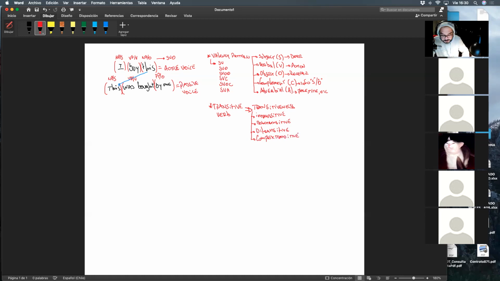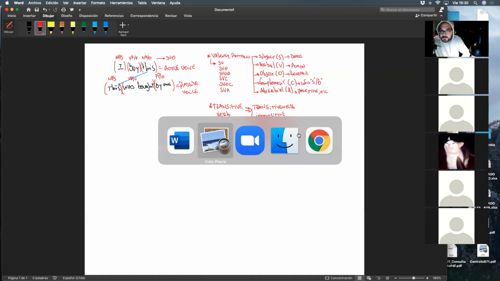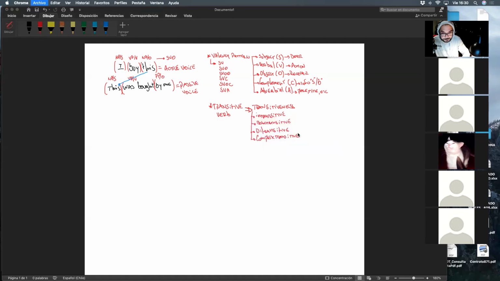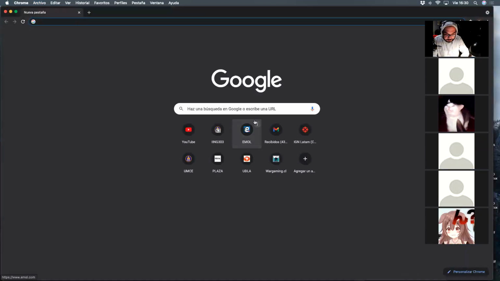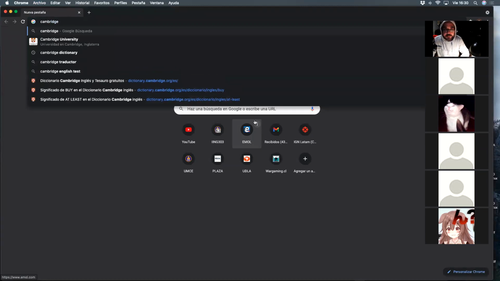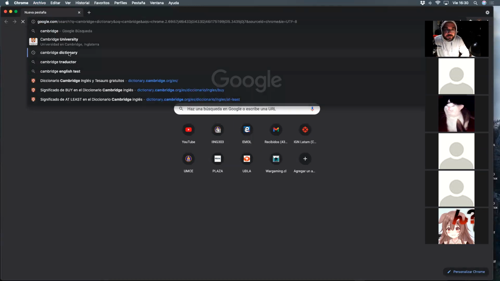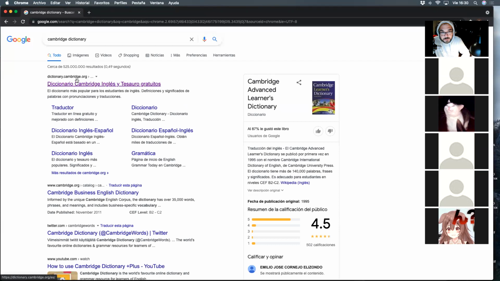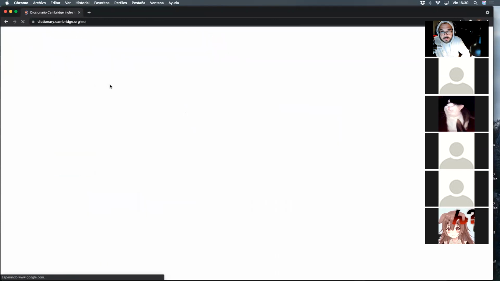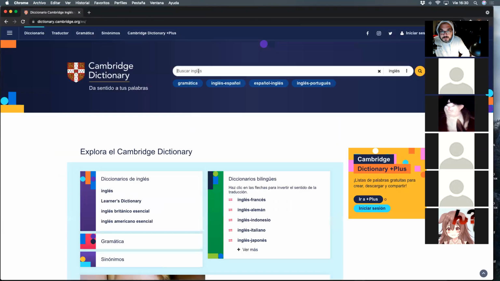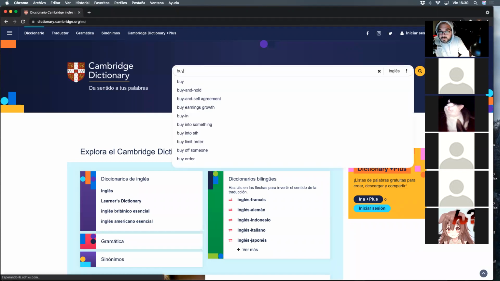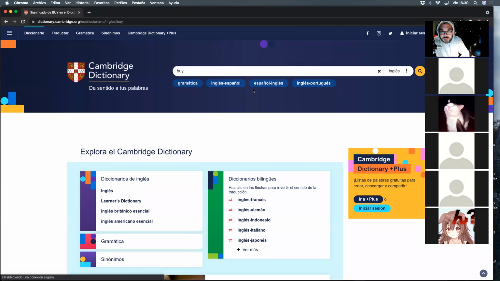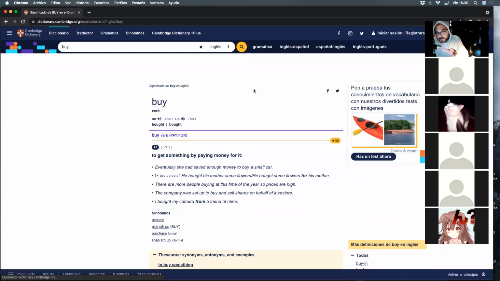I'm going to prove this by using the Cambridge Online Dictionary. Within the Cambridge Online Dictionary, I'm going to search for the verb buy, which is the one we were using in our example. And now we're going to see this.